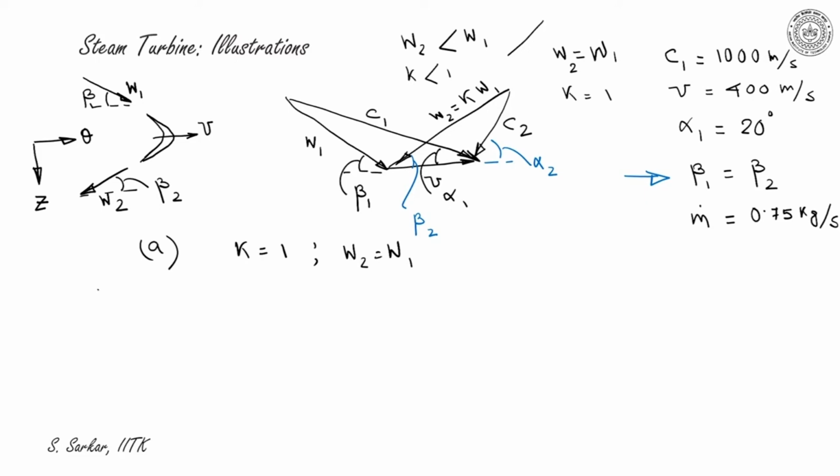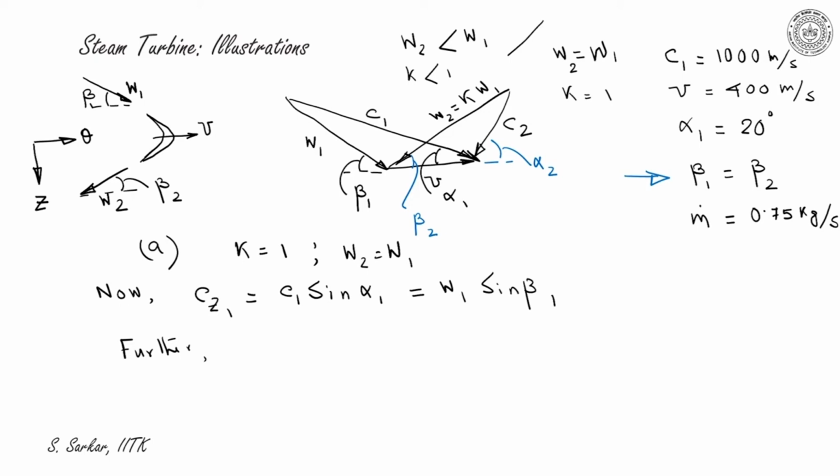Now from inlet velocity triangle, C z1 is equal to C1 sine alpha 1, which should be equal to W1 sine beta 1. Further, let us consider C theta 1.